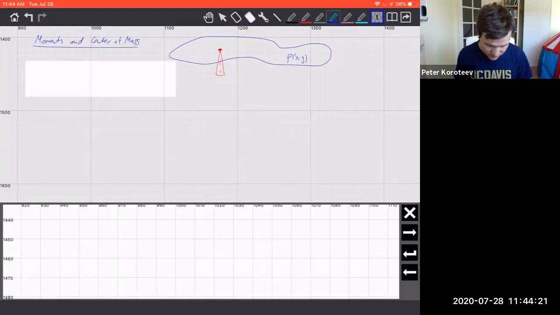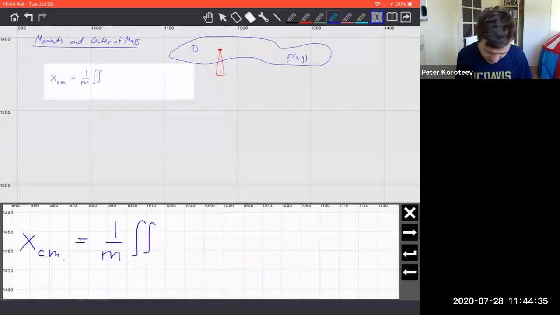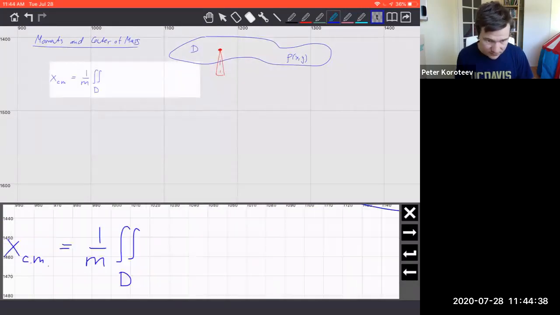The formula for the x coordinate of the center of mass is this: 1 over the mass of the object, multiplied by, let's call this region D, the integral over D of x times rho of x y dx dy.